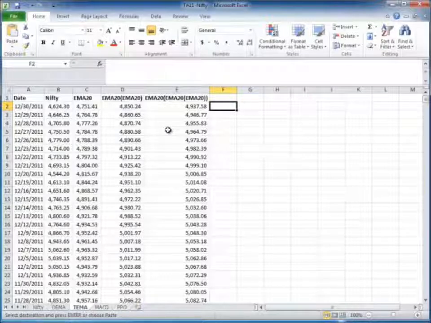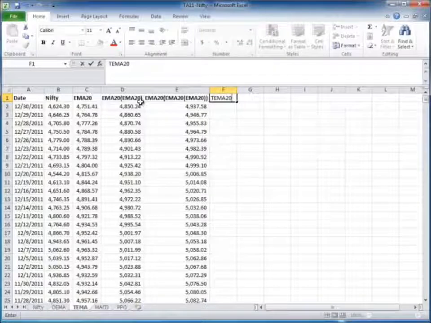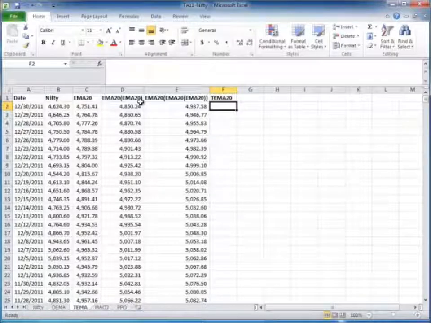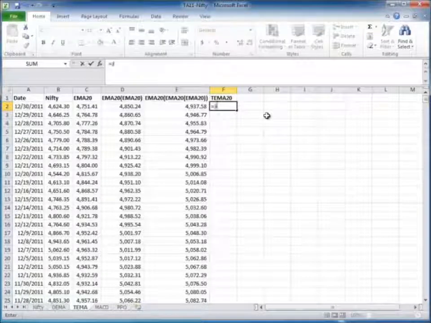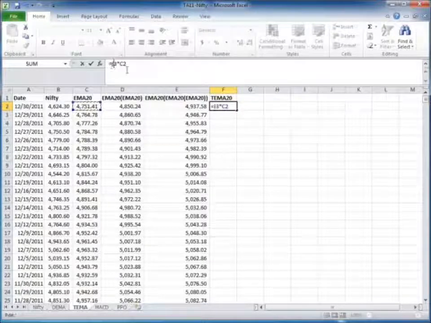And as we said, this formula is slightly more complex than the other ones, so let's go ahead and do this. In order for us to calculate the triple exponential moving average, I'm first going to write it in here. The triple exponential moving average, if we remember the formula, if you don't remember, that's fine, because we'll see it now, is equal to 3 times the EMA, and this I'm going to put in brackets, minus 3 times the EMA of the EMA.